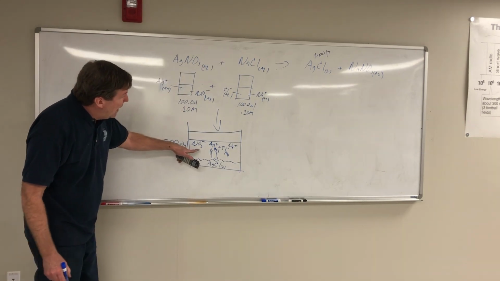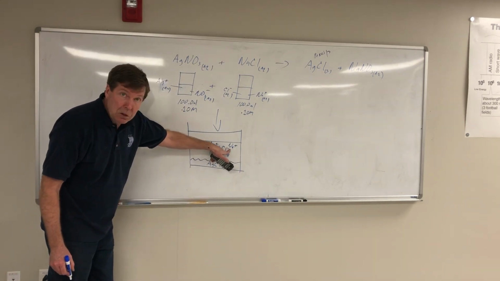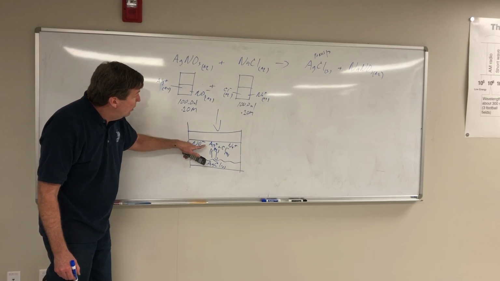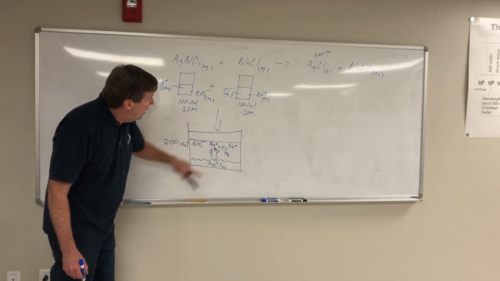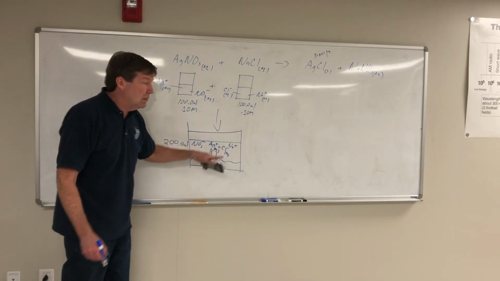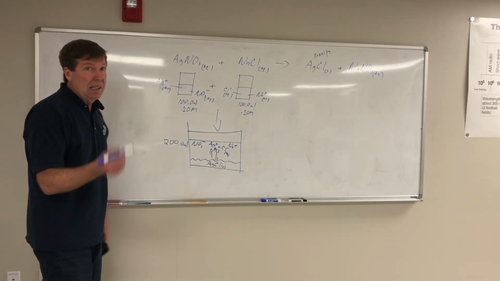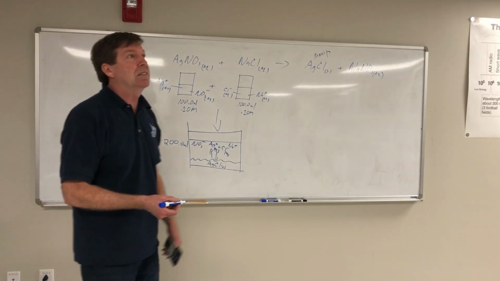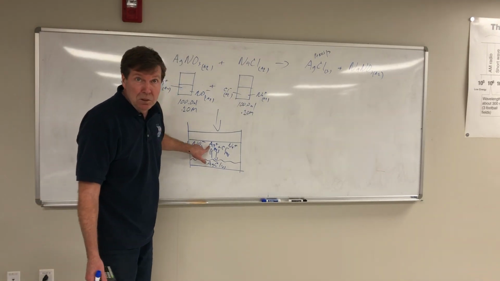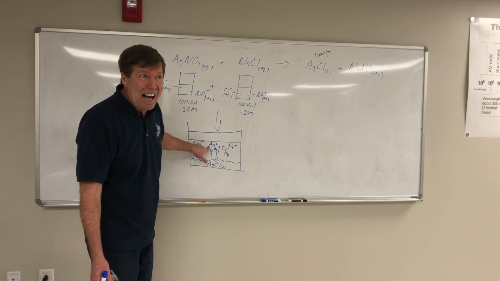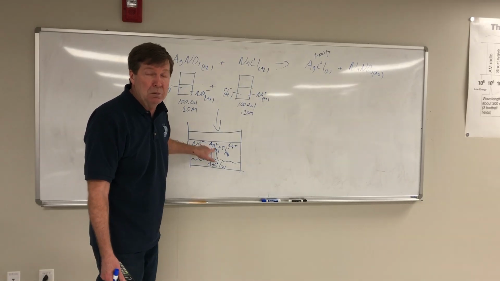So, floating around along with the spectator ions, sodium and nitrate, we're going to have small amounts of Ag+ and Cl-. When I say small, once again, I don't mean insignificant. Small amounts of heavy metals in solutions can have a toxic effect on living organisms.